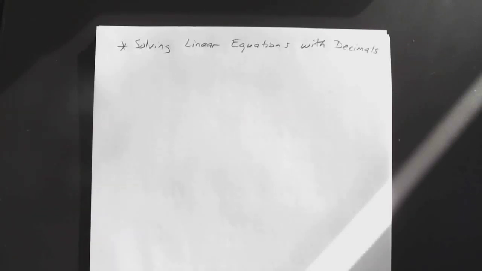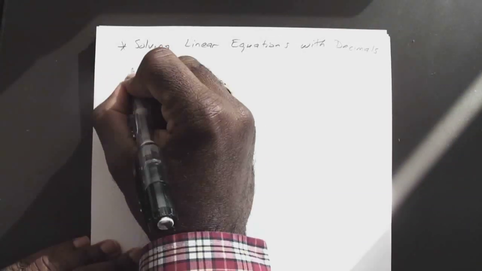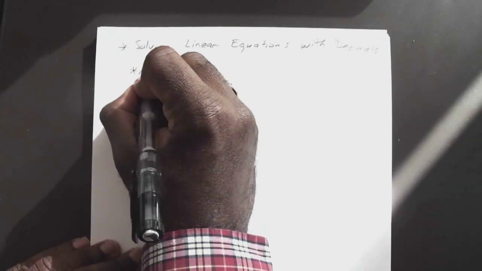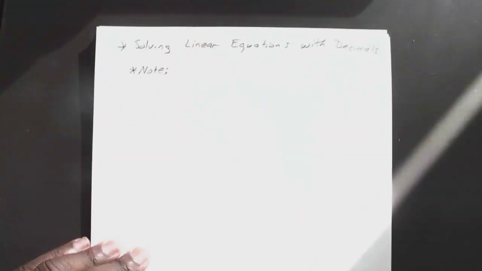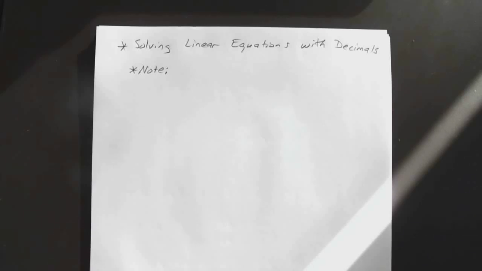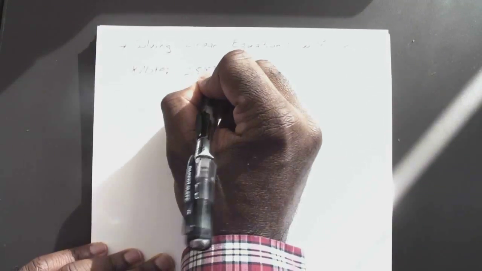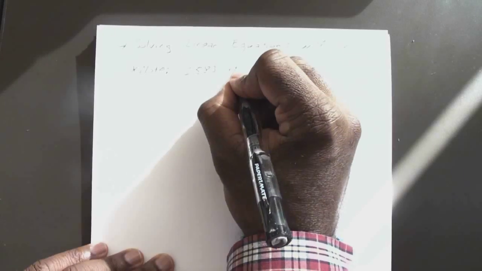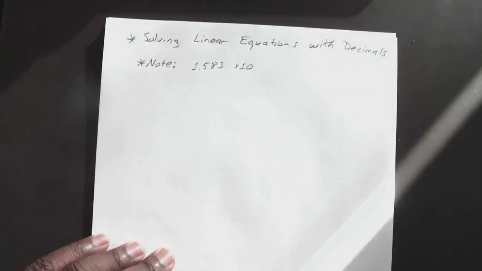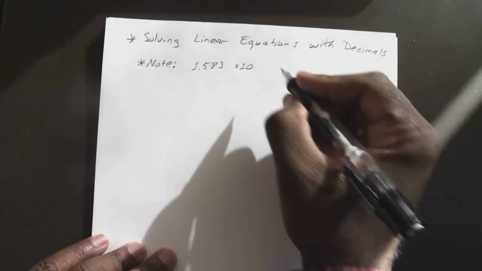Okay. Now with this one, you want to remember that if you multiply a decimal by 10, 100, 1,000, 10,000, 100,000, you're going to move the decimal place to the right the same number of zeros that you have. So if you have 1.583 times 10, you're going to move the decimal to the right once.